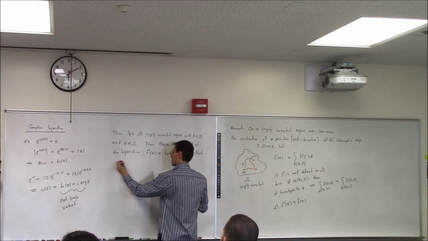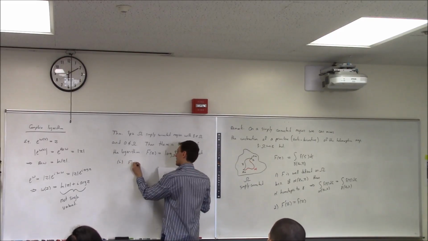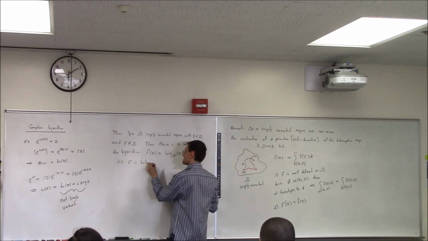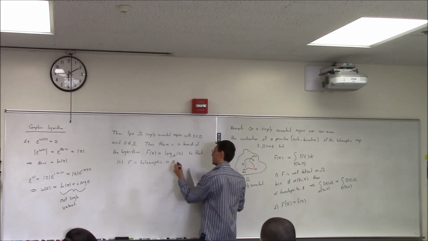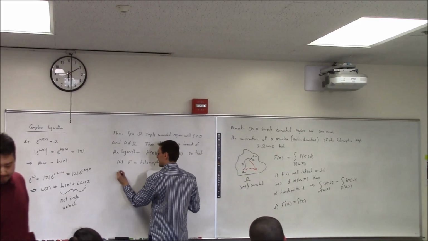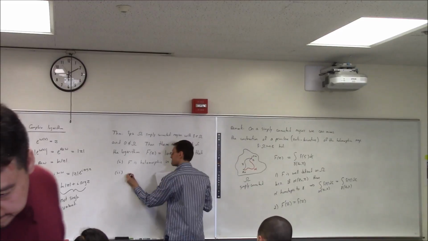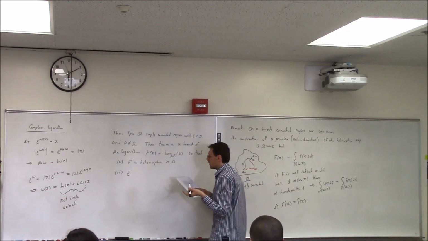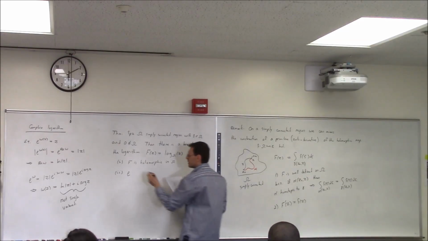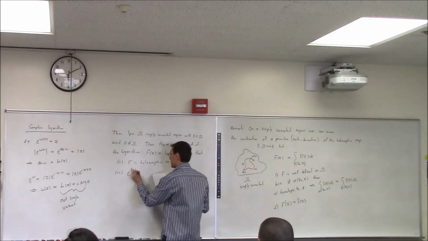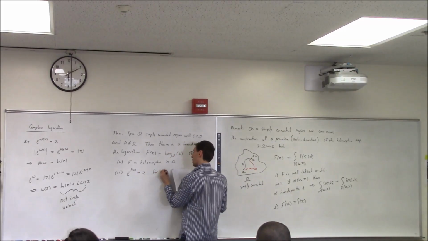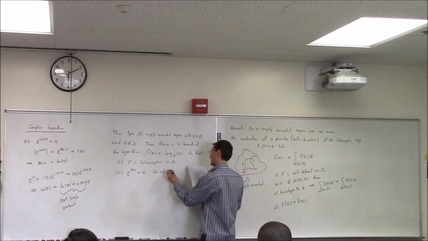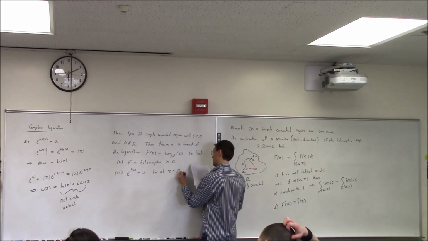the following properties hold. Property one, F is holomorphic in omega. Second property, if it's the logarithm, it means that if I take e to the F of z, it is equal to z for all z belonging to omega.